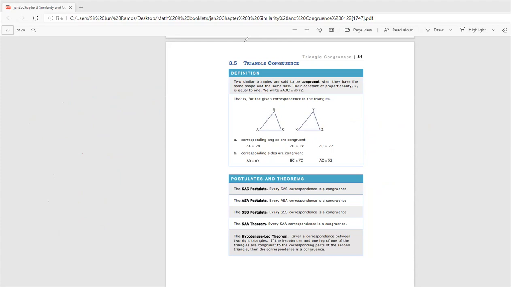Now, before we even get to proving, let's see. For example, suppose we have this triangle here, and then I have this triangle here. Let me erase that. I have this triangle here.